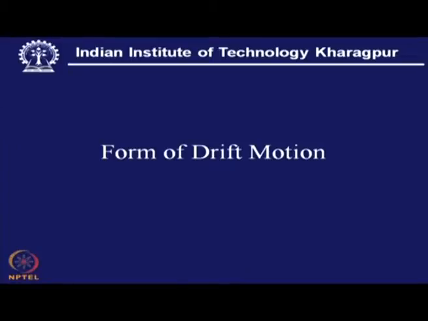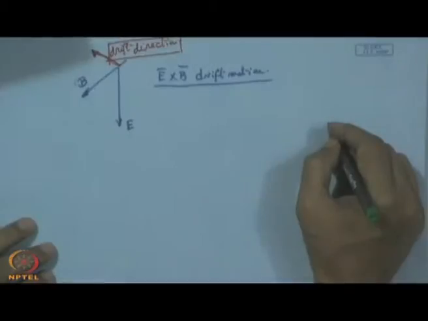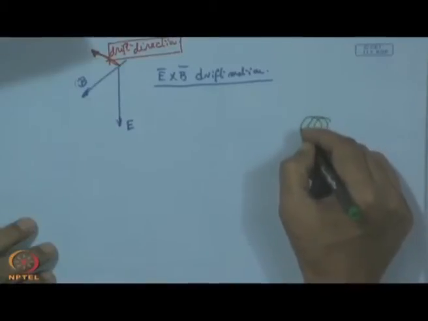It can be, there are two situations, two extremities we would say. One can be a circular motion, that means this drift motion will be very close to that of a circle. So, it will follow almost like a circle.